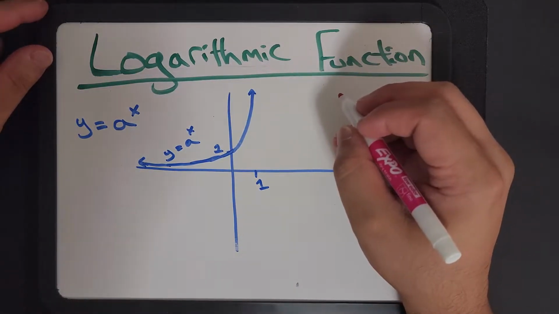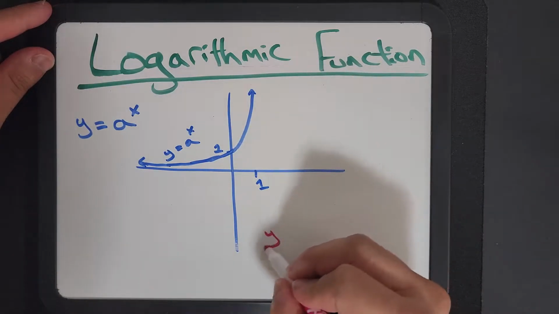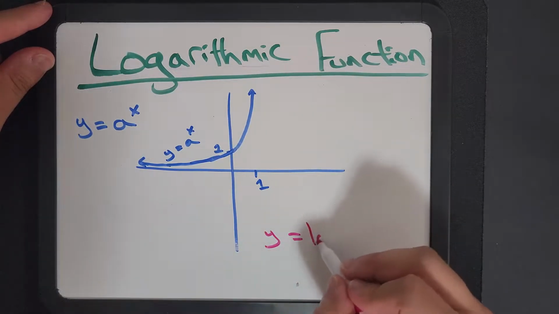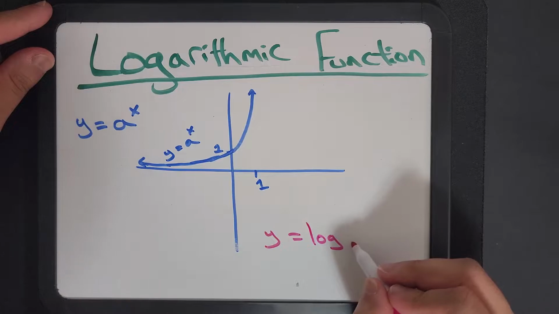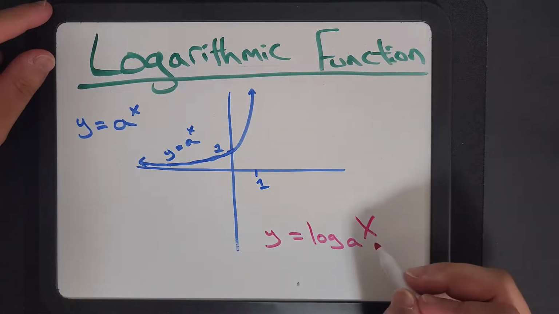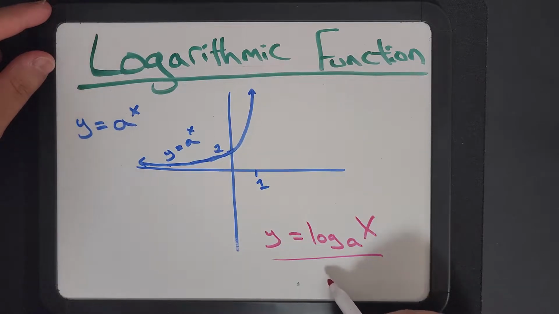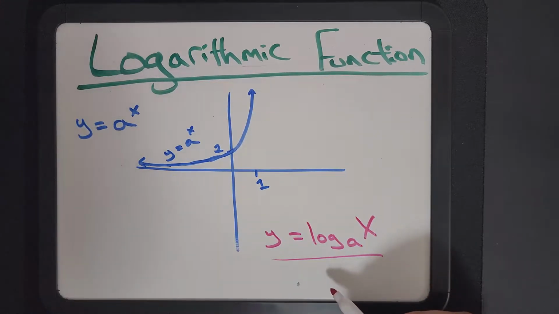Now, the logarithmic function, let me introduce you to y equals log a of x. When we look at this function here, there are a couple of things to note.